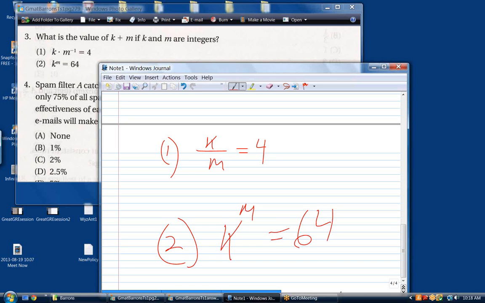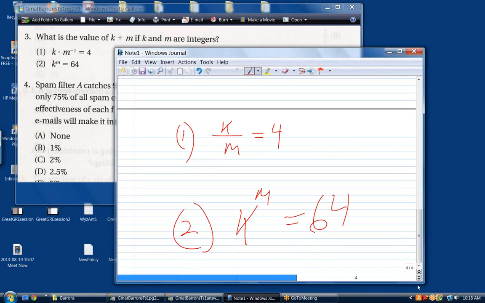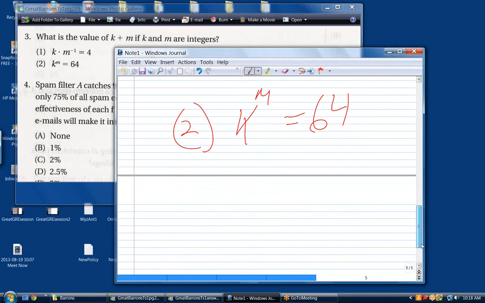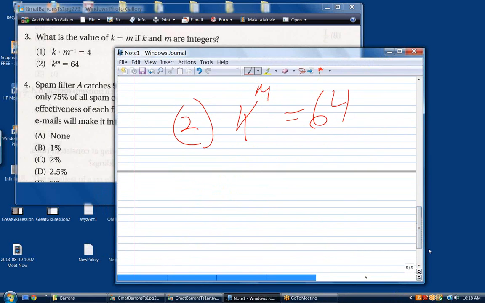All right. If that's 64, then km could be 8 squared. Does it have to be 8 squared? It doesn't have to, but that's the only number I can figure that squared gives 64.